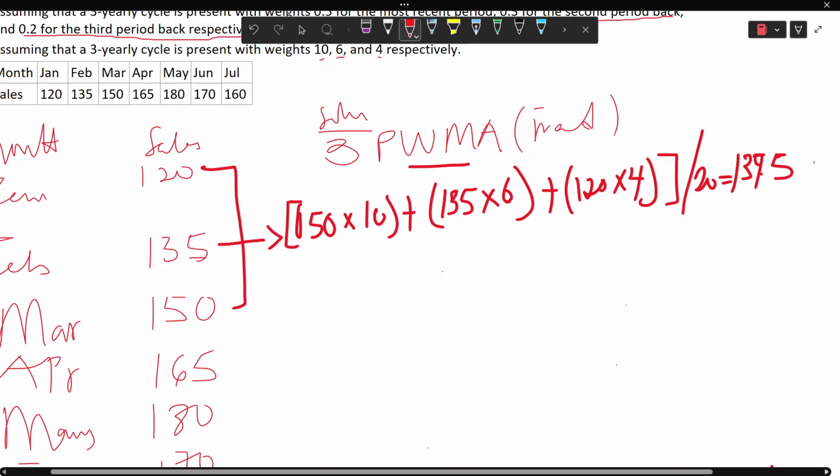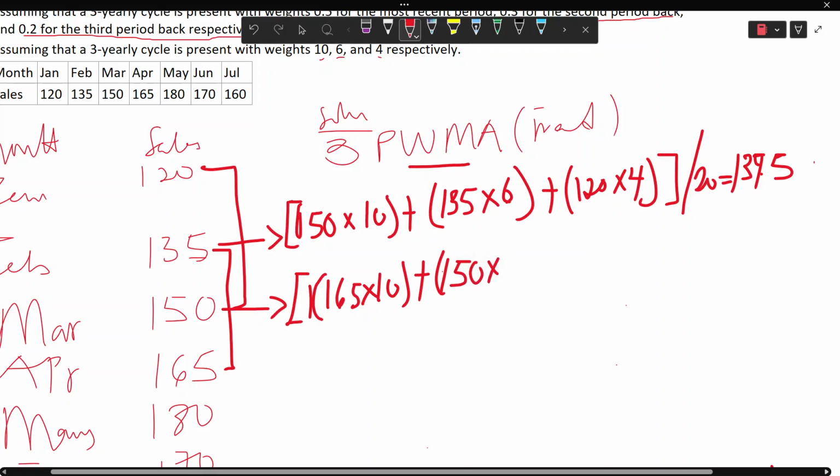We drop the first one, that's 120. So the most recent data is 165. 165 times 10 plus 150 times 6 plus 135 times 4, all divided by the summation of the weight, which is 20.